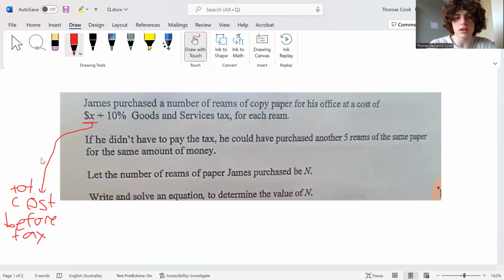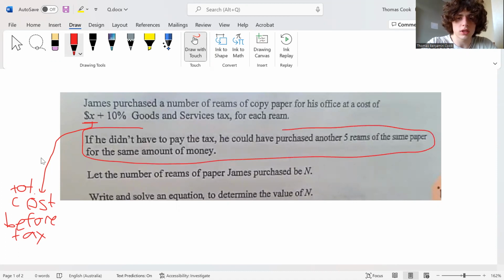Each ream. If he didn't have to pay the tax, he could have purchased another 5 reams of the same paper for the same amount of money. And they want us to find the number of reams that he bought. So this piece of information is just relevant for making our algebra work.